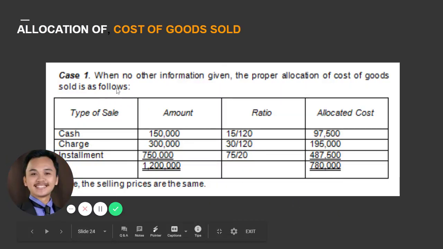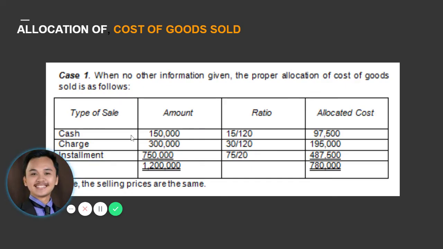Okay, we have here case 1. When no other information is given, the proper allocation of cost of goods sold will be as follows. If the problem is silent, the status quo will be allocating your cost of goods sold based on the amount of sales on cash, charge, and in installments. You just create a ratio out of the total amount of sales.